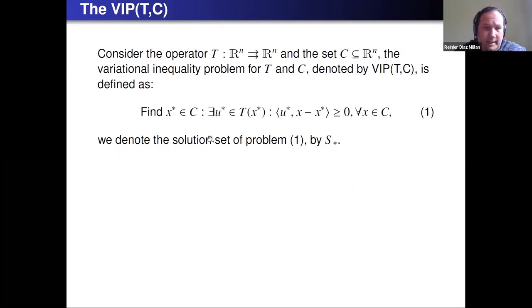These problems consist of finding a point in the set C. Generally, this set is considered convex and closed, but not necessarily. And the idea is to find a point x star in this set such that there exists a u star belonging to T of x star, that is, (x star, u star) belongs to the graph of T, such that this inequality is satisfied for all x in C. We denote the solution set for this problem as S star.